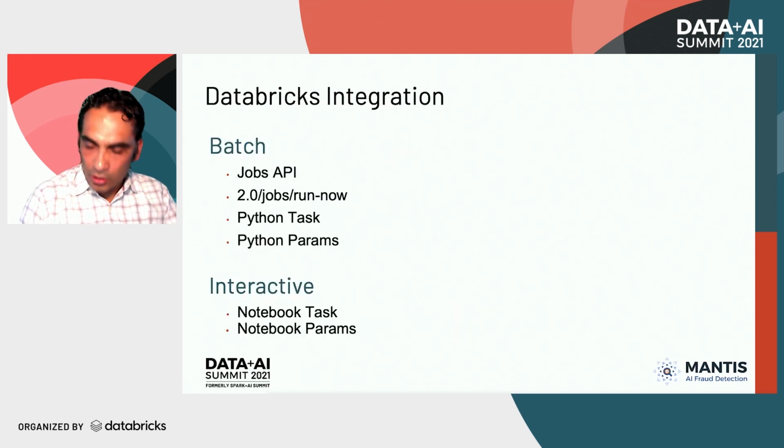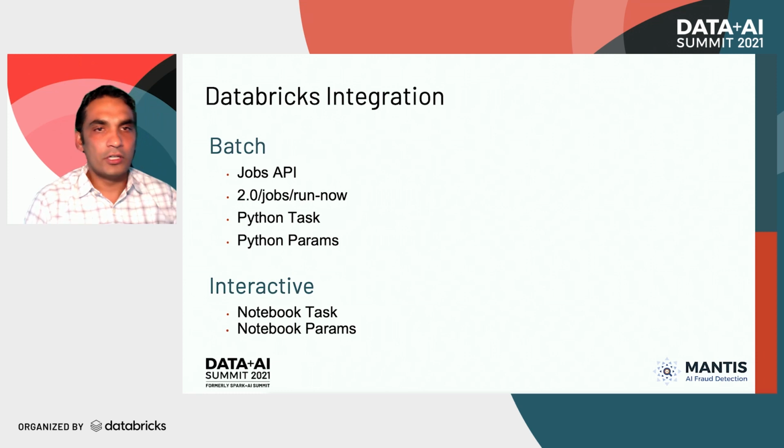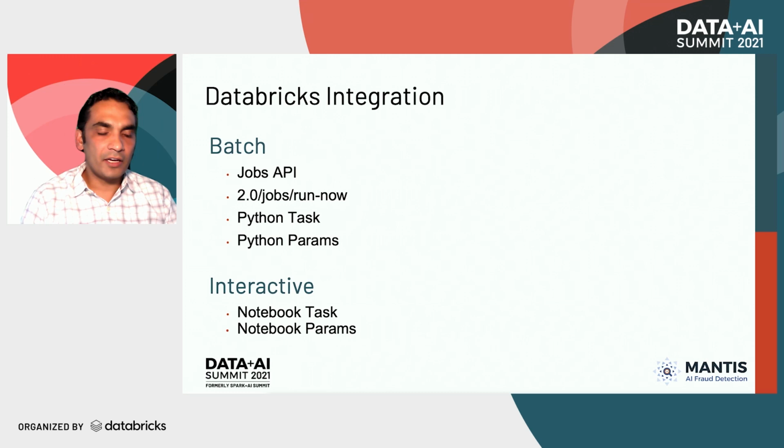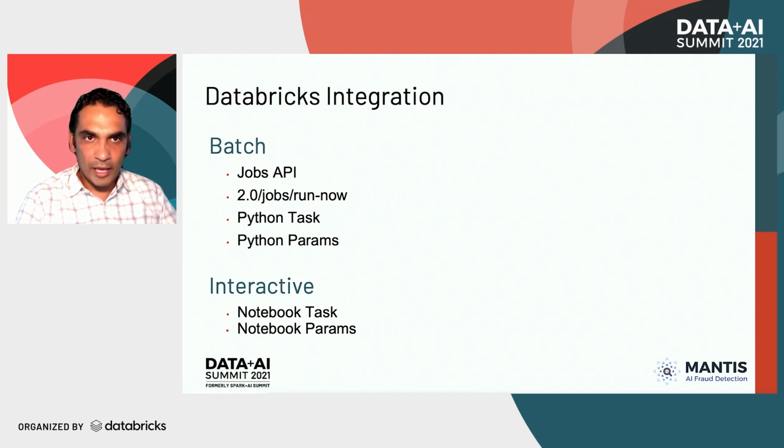Now we are going to talk about the Databricks integration. As I said, all the analytics workload in this solution is done by Databricks. So how do we integrate? We integrate using the 2.0 API of Databricks. We use the Jobs API. We have a bunch of parameterized jobs already defined and stored in Databricks.